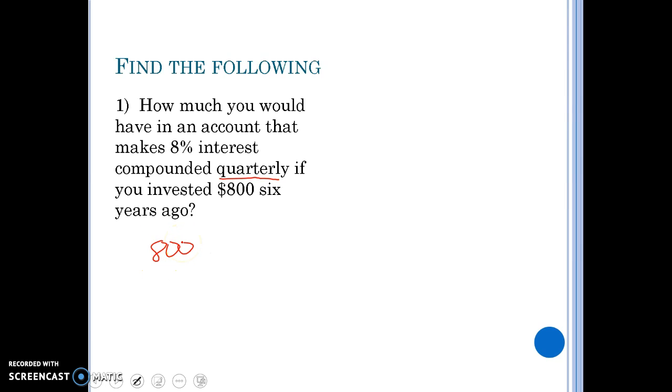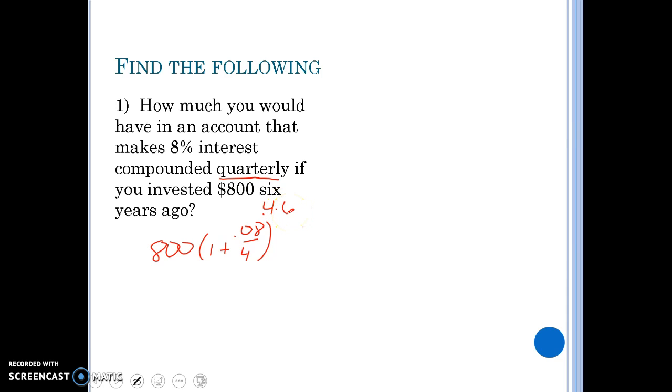The principal is $800. We're going to multiply this times 1 plus our interest rate, which is 0.08, divided by 4 because it's compounded quarterly. And the exponent is the number of times it's compounded, which is 4, times 6 years.